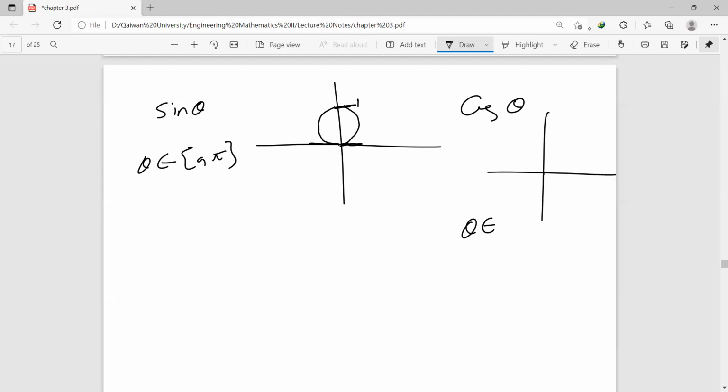We start from this angle to this angle. It does not exceed pi over 2, and it does not exceed minus pi over 2. That means the angle belongs to minus pi over 2 to pi over 2. This is the angle here.